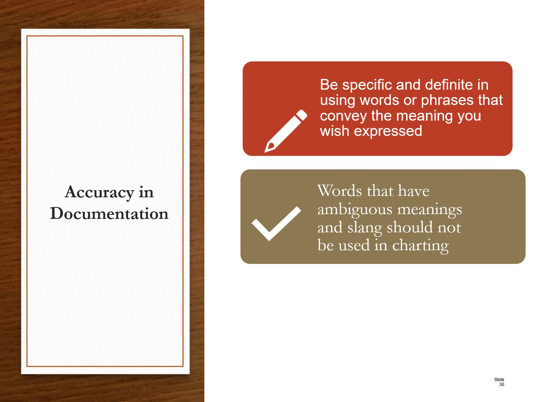That is especially true if you have to sit up on a stand and discuss what you charted, and you've put something that wasn't so nice. It needs to be professional and very objective. You shouldn't use any slang words. You shouldn't use any words that could have ambiguous meanings.